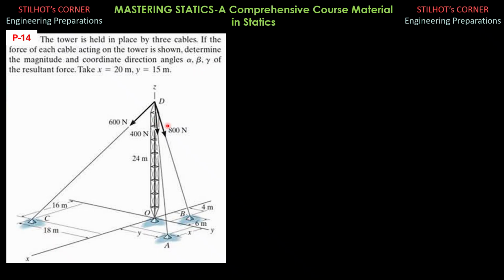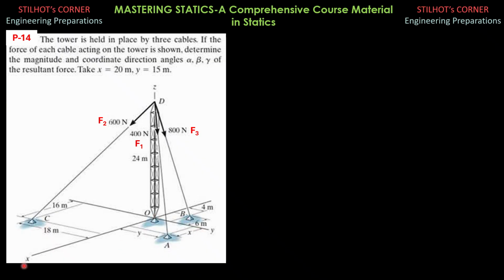So let's express each force into vector form and let's label them as shown. So I'll call this F1, magnitude 400. So F1 in vector form is magnitude 400 times the quantity. X is positive because 400 newtons is directed down to the right and forward.